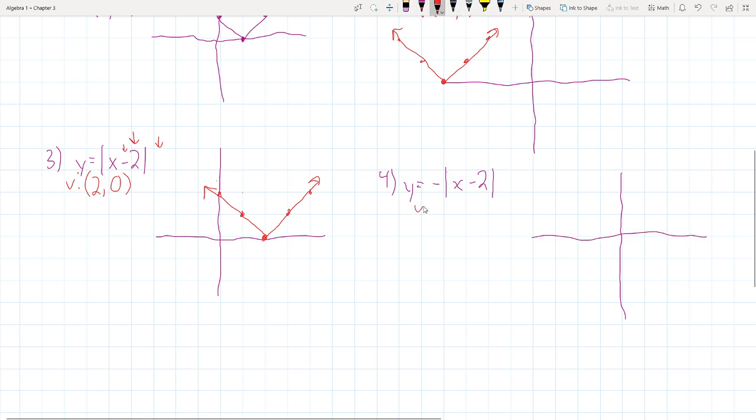For my vertex, that negative out front doesn't change anything. I still have 2, 0. What it does do is flip it. So I'm still going to go to 2, but instead of going up 1 over 1, I'm going to go down 1 over 1, like that.